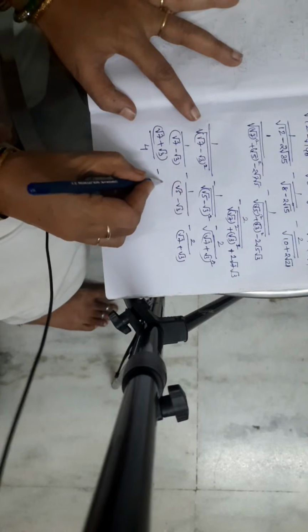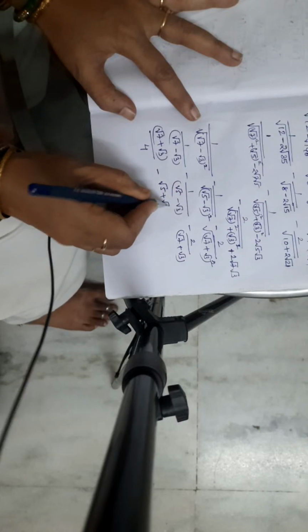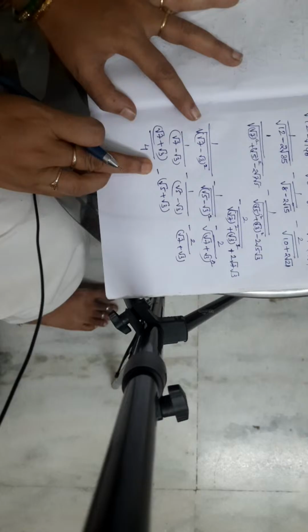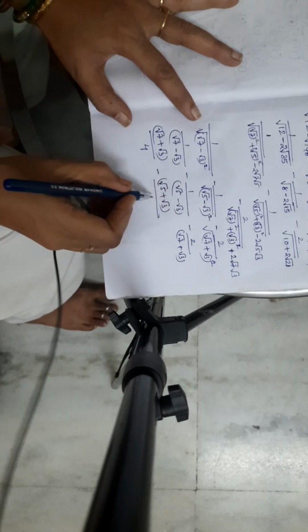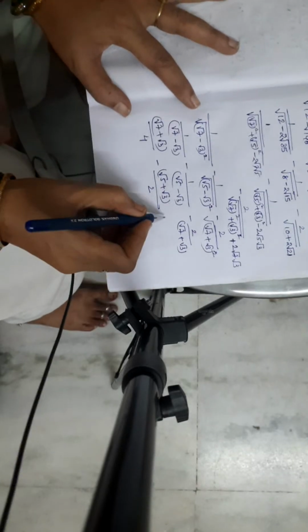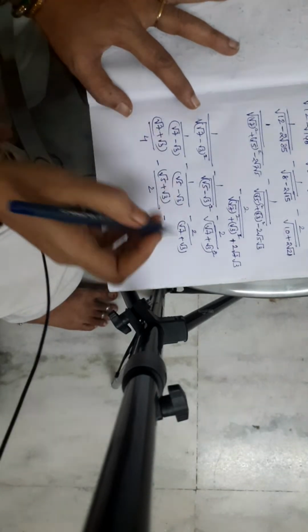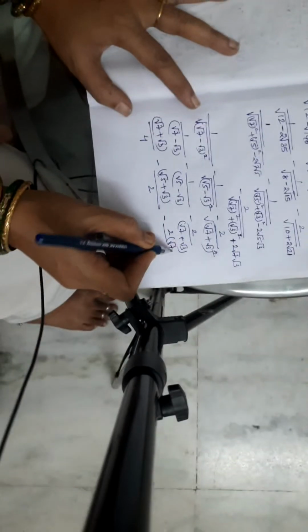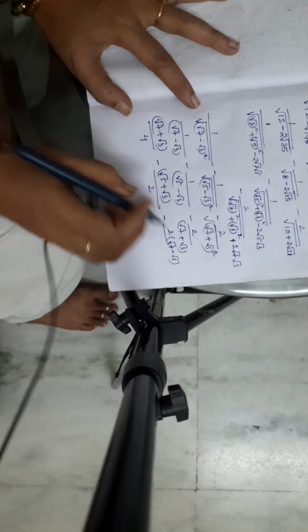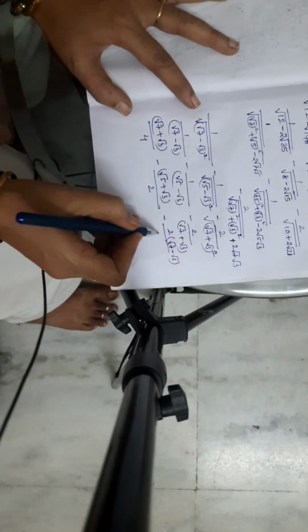Next here it's root 5 plus root 3. Whenever minus sign will be there, put a bracket, and 5 minus 3 is 2. Next minus, 2 upon the opposite of this, root 7 minus root 3. 7 minus 3 is 4.